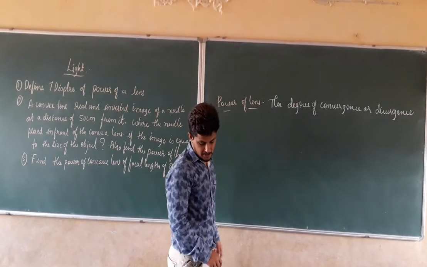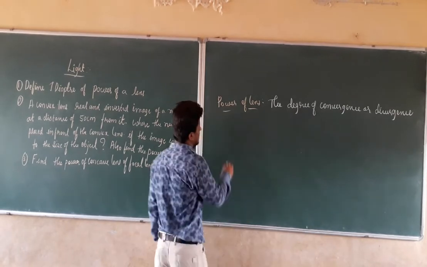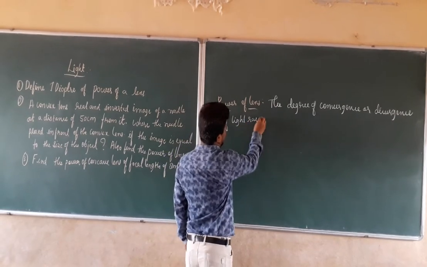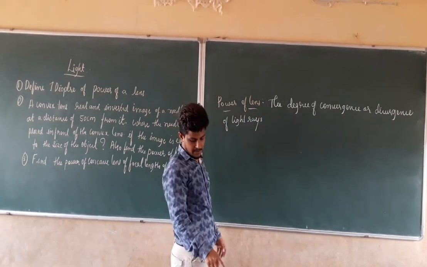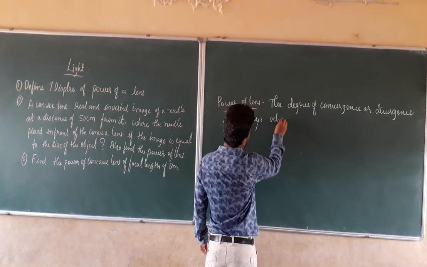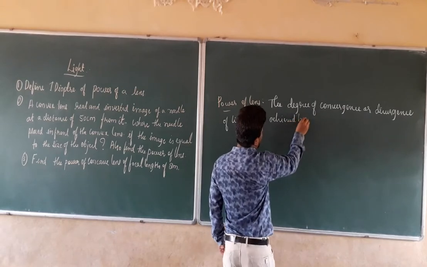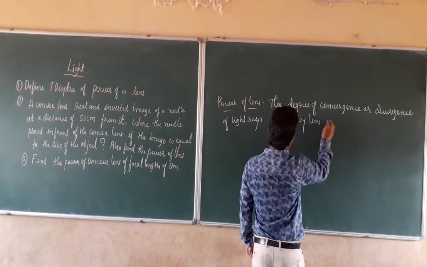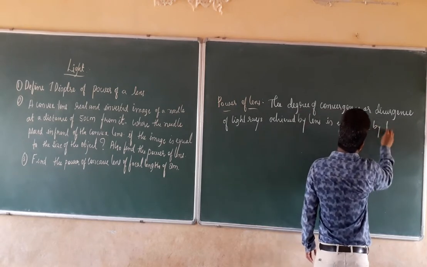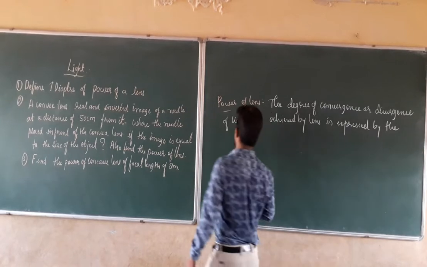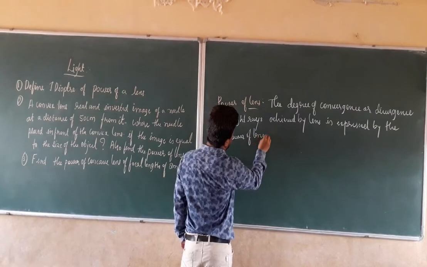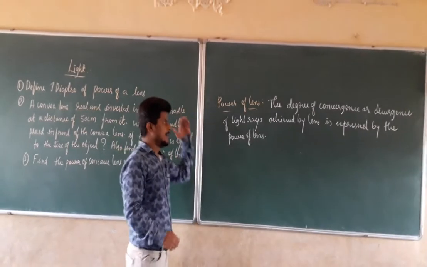The degree of convergence or divergence of the light rays achieved by a lens is expressed by the power of the lens.